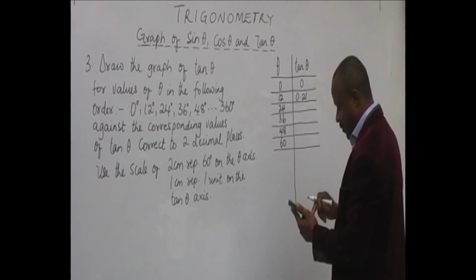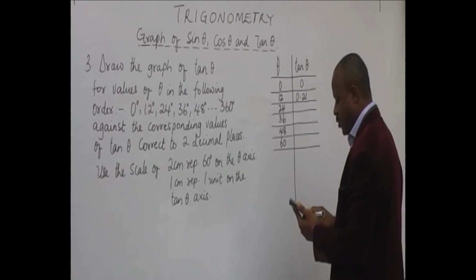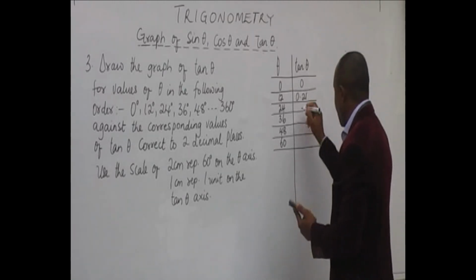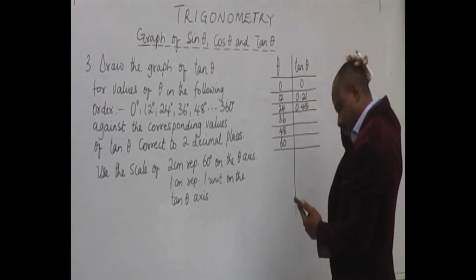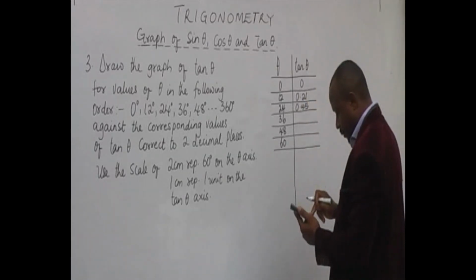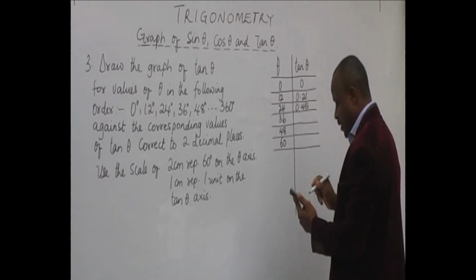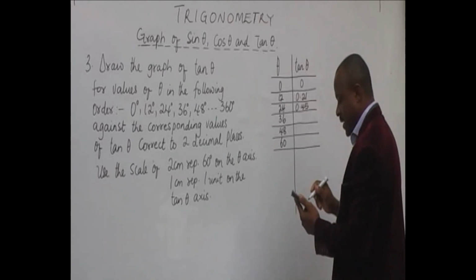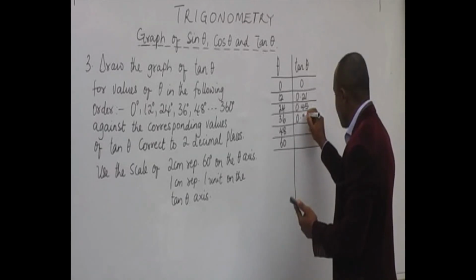Tan 24, 0.4452. In 2 decimal places, 0.45. Tan of 36 is giving us 0.7265. In 2 decimal places, 0.73.